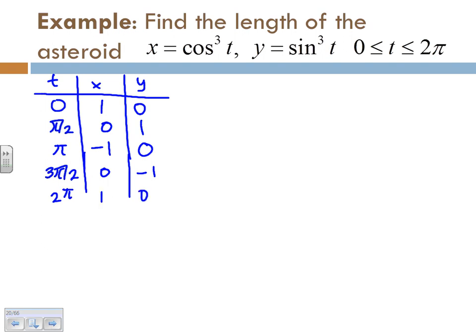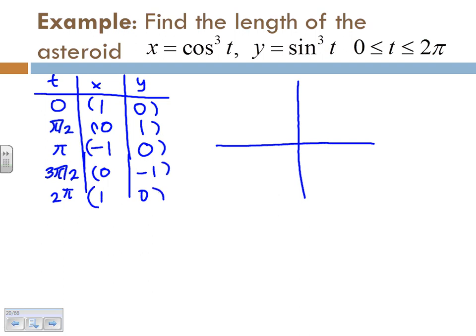And if you want to get more in there, you can. Alright, so let's see. These are our points. We started at (1, 0). And then we went to (0, 1). And then we went to (-1, 0). And then (0, -1). And then we're back to where we started.